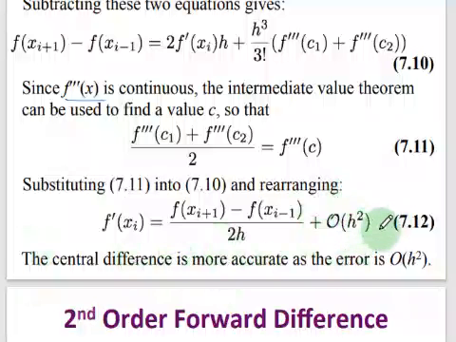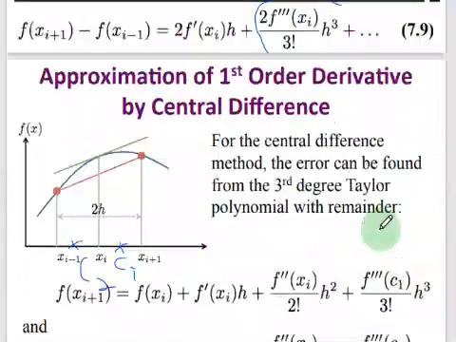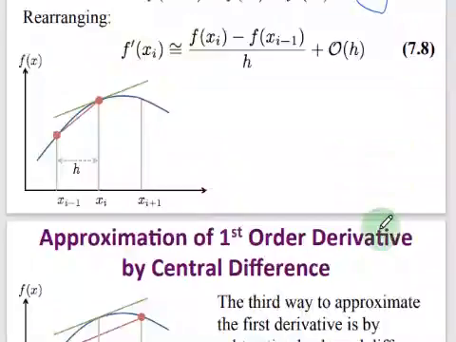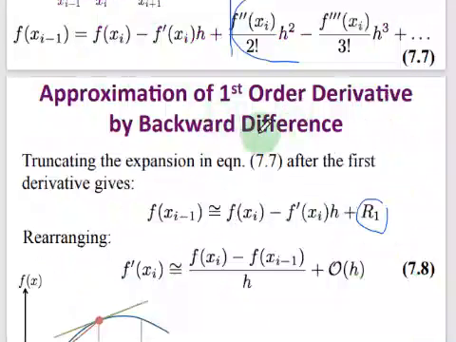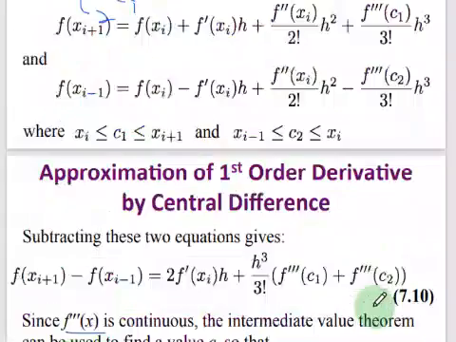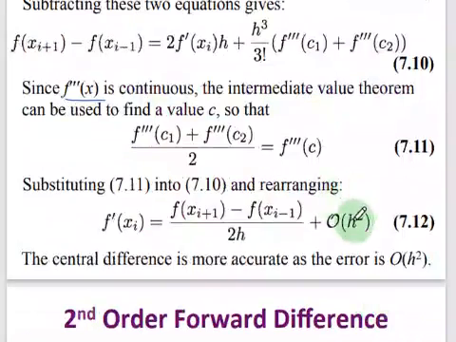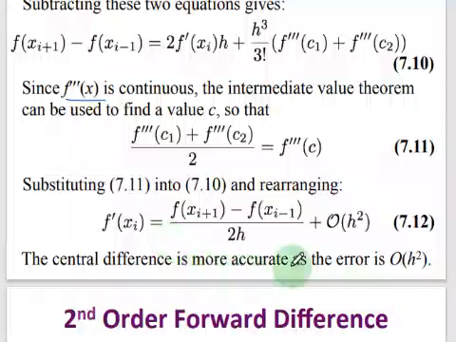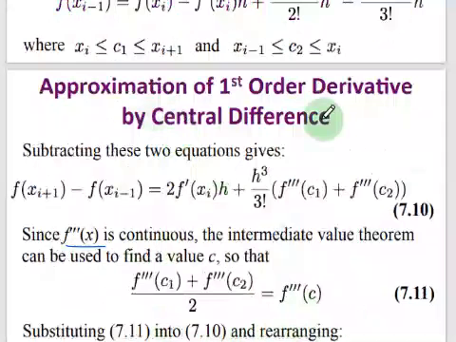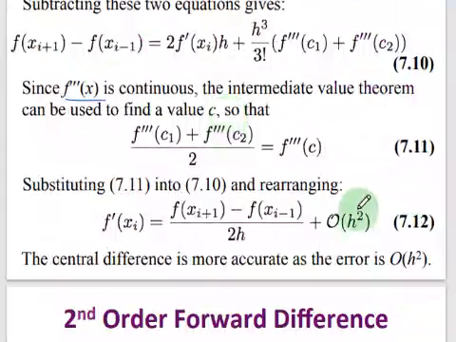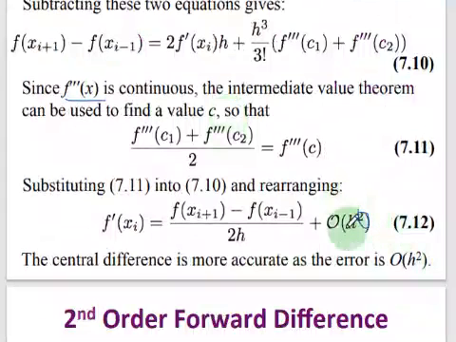So you can see that, unlike the previous forward difference approximation and backward difference approximation where the order is 1, here the order is 2, right? So this one is more accurate than the previous two. Here this power is higher than previous two, right? So order is 2.